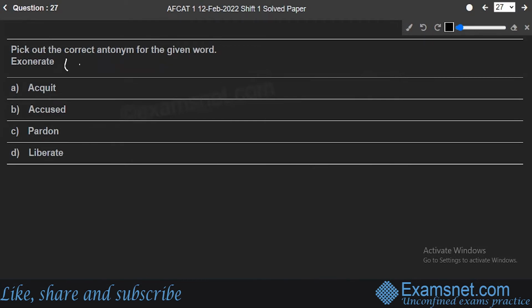Let's write down. So this means, if I'm talking about an official body, to absolve someone from a blame or any fault. Acquit means free someone from a criminal charge.